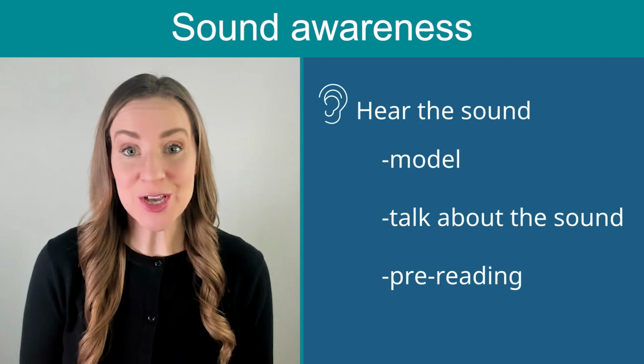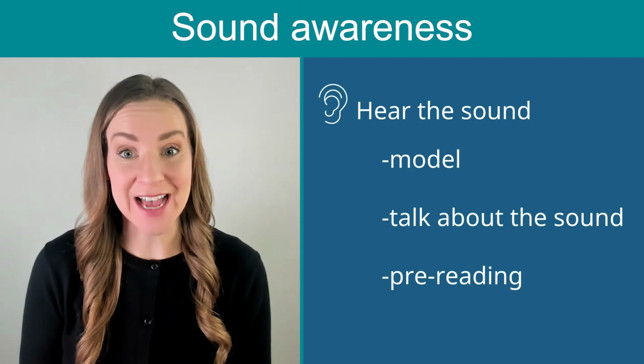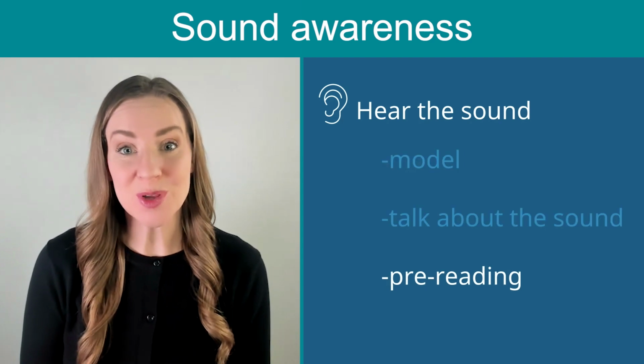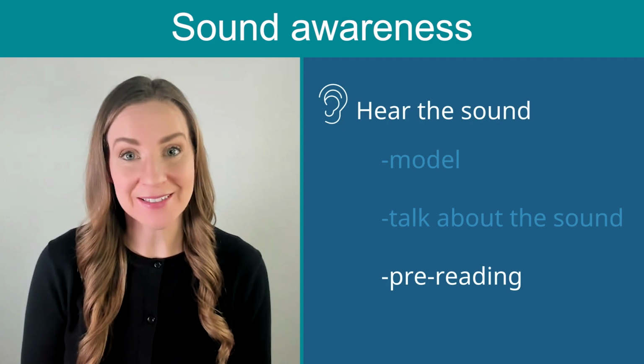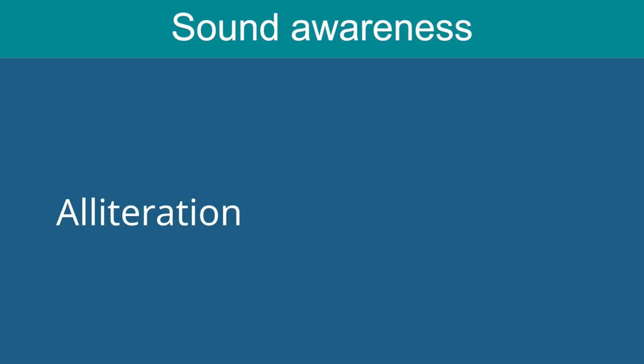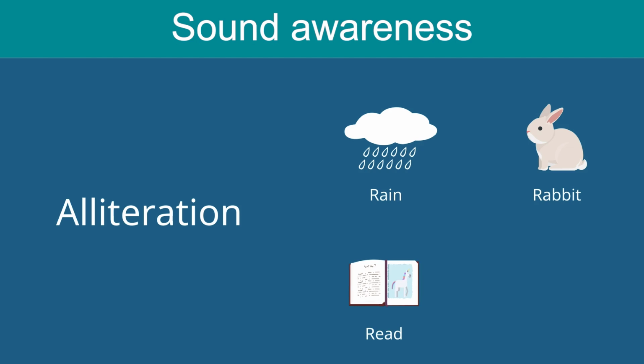The third way you can help your child hear the sound is to use pre-reading skills, like alliteration and rhyming. Alliteration means that you use the same sound at the beginning of a group of words. Like for the R sound, you could say rain, rabbit, read, and road.